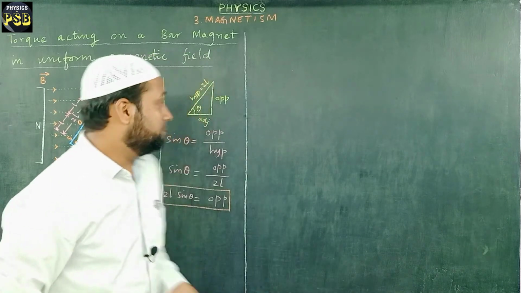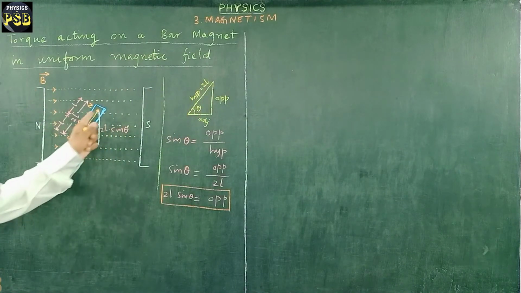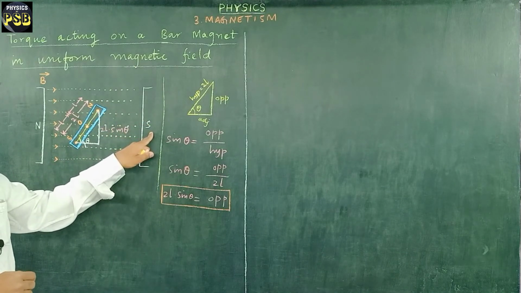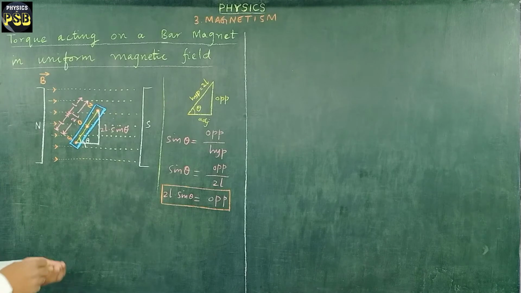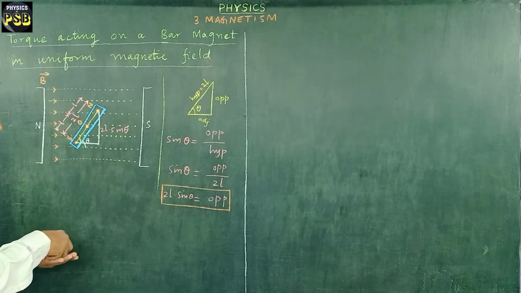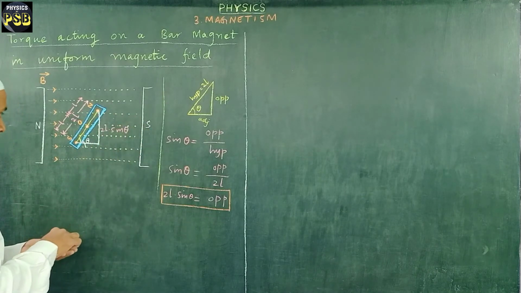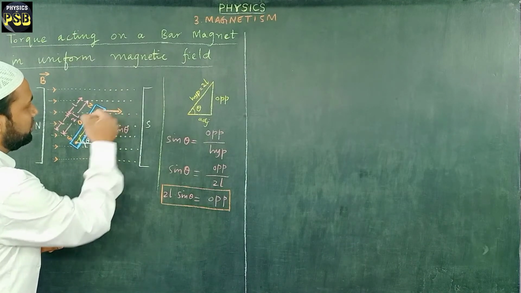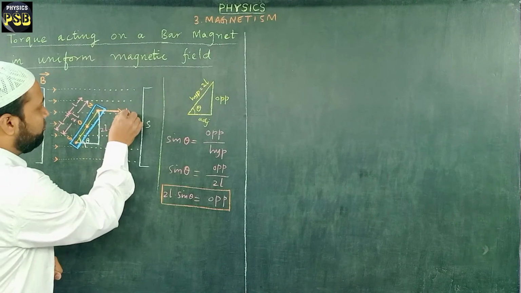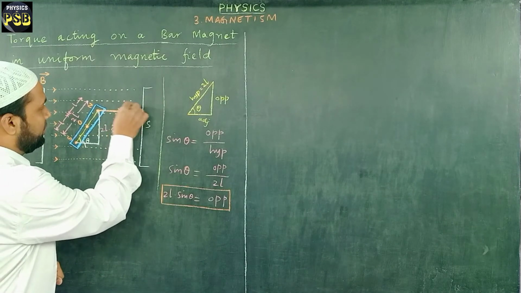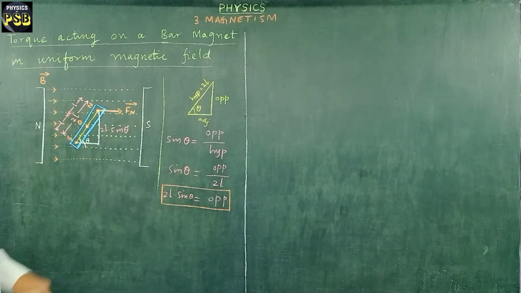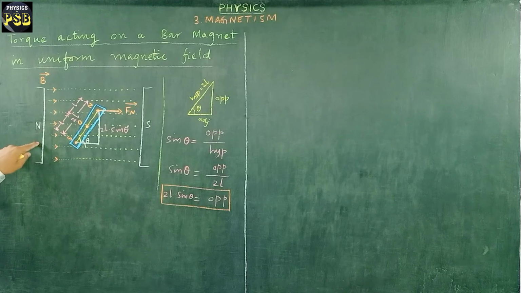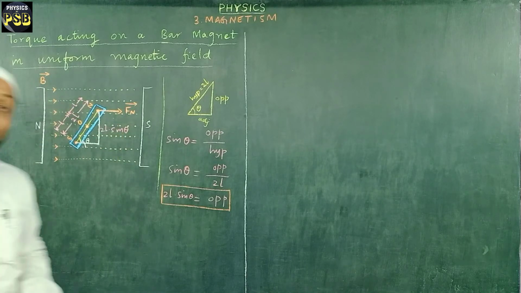Then let's see what happens when the magnet is placed in a uniform magnetic field. Here, the north pole is getting attracted towards the south pole of the magnet, which has produced this uniform magnetic field. So, it experiences a force which acts in this direction. Attractive force. I name this force Fn vector, as it is experienced by the north pole. Then the south pole is getting attracted towards the north pole of the magnet, which has produced this uniform magnetic field.